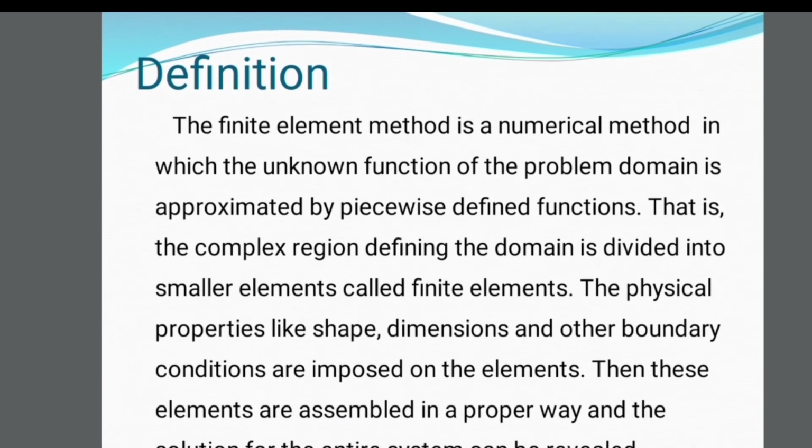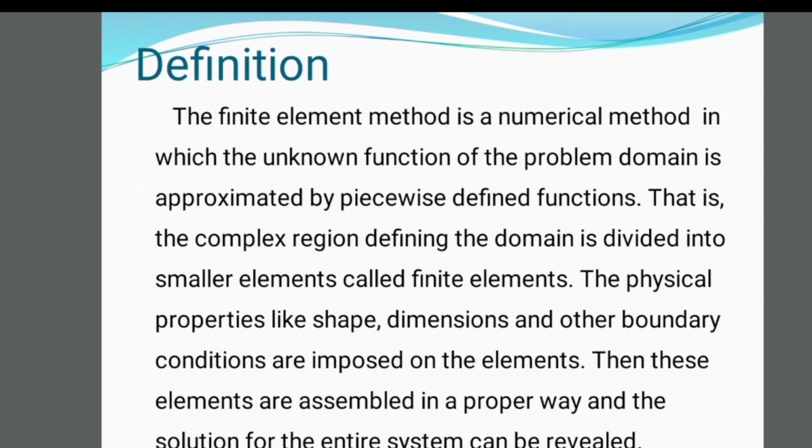This is the definition of the finite element method. As already discussed, the finite element method is a numerical method in which the unknown function of the problem domain is approximated by piecewise defined functions. I already explained what is meant by finite, element and method.